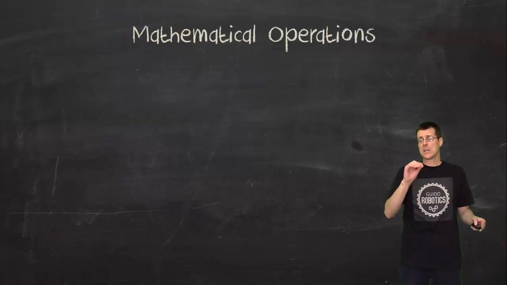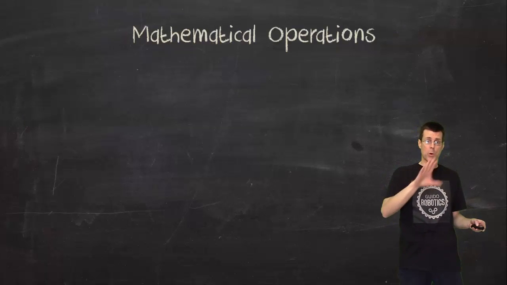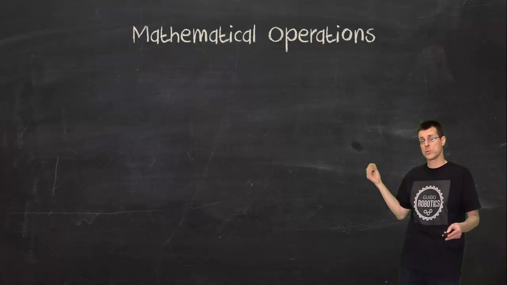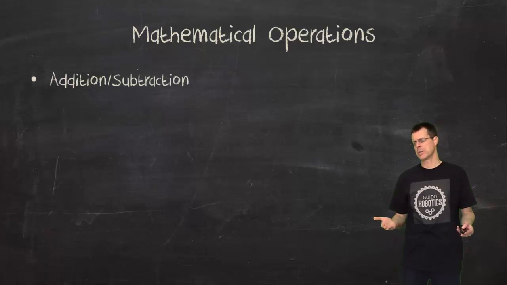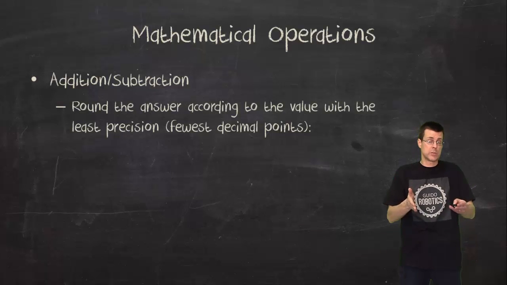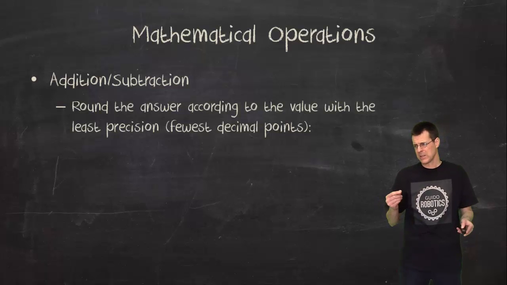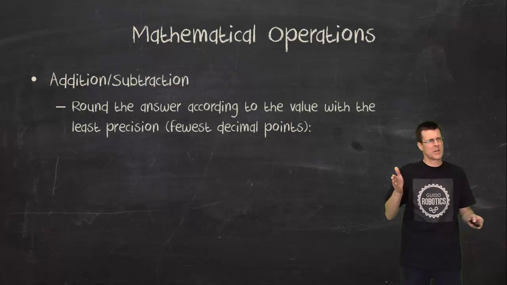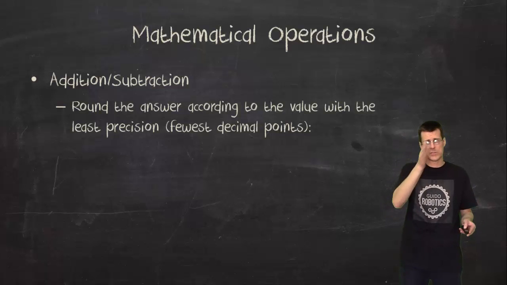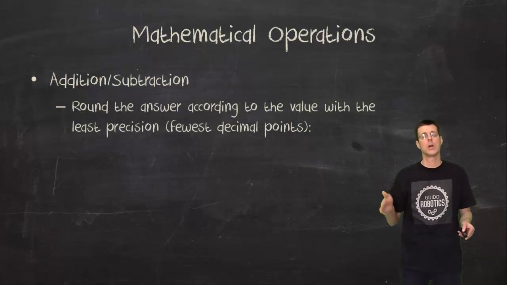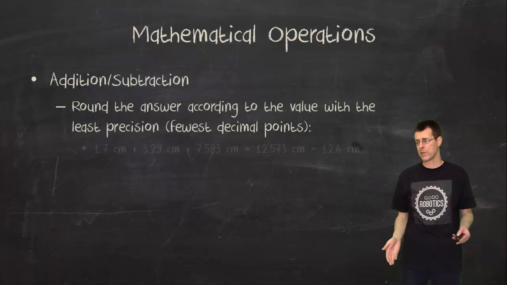Now for us, it's going to become an issue both when we're measuring in labs, but also when we're doing calculations and other questions. So we need to know what to do here. If you're adding or subtracting, then you're going to be rounding off to the least number of significant digits. The best way to think about this is if you line things up in their columns, like your ones and tenths and tens and hundredths columns, the smallest number of decimal places is what you would round things to.